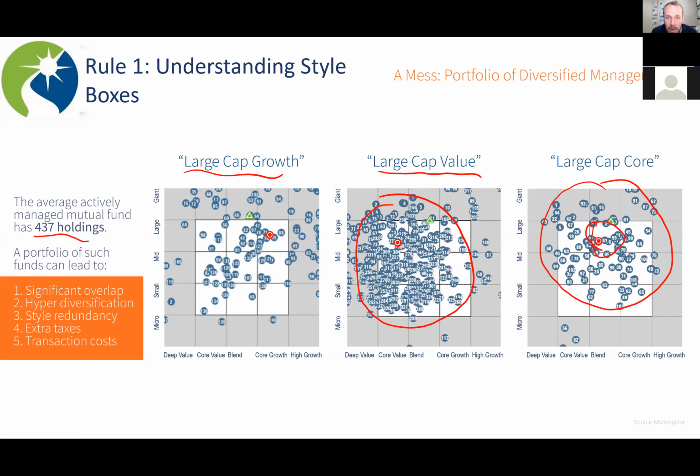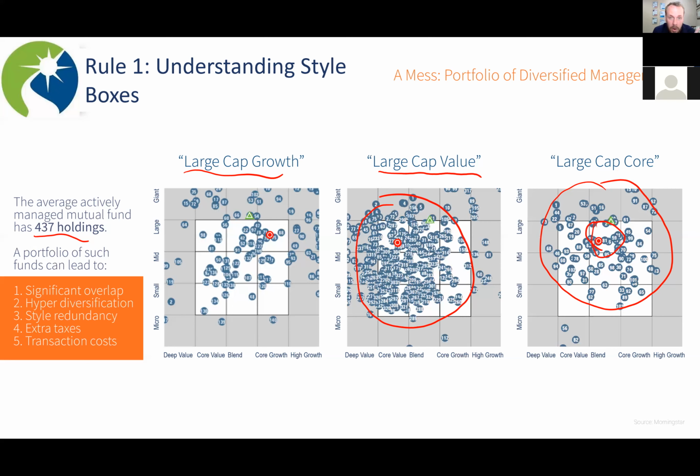It's important because each one of these portfolios that have this significant amount of box breakdown, we'll call it, this mess that we're facing, significant overlap, we have this hyper diversification. Hyper diversification is not a good thing.